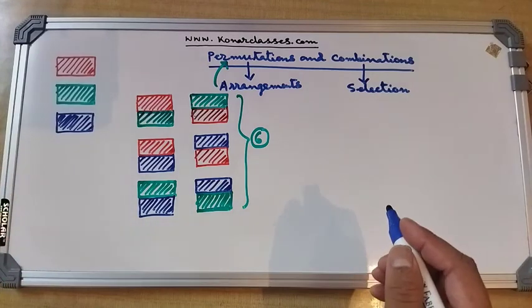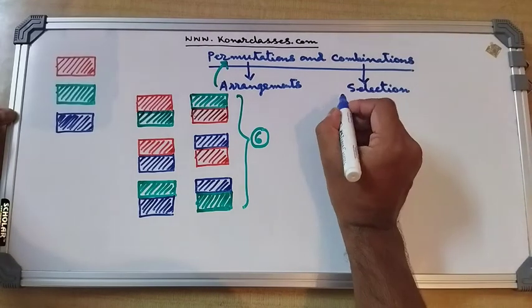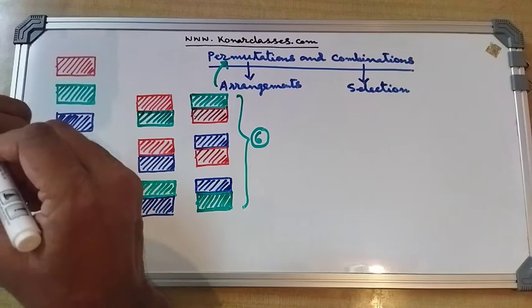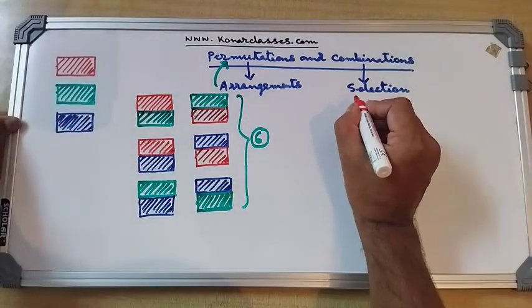What is selection? Selection is that we just take two chocolates out of these three chocolates, and suppose I just want to eat these two chocolates. Then it doesn't matter whether I first take the red one and then the green one, because the color doesn't matter.